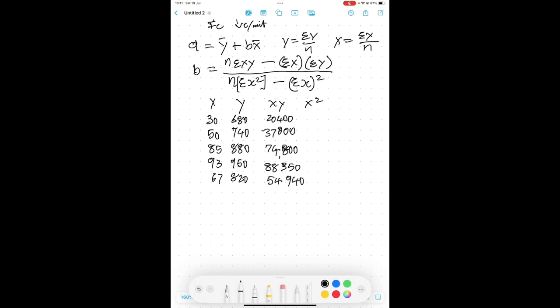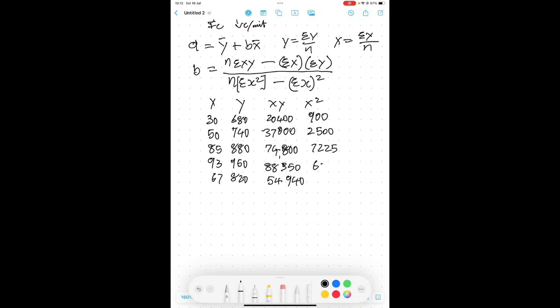So this is X multiplied by Y. We give you these values. Then X squared means X times itself. So it's like saying 30 times 30 should give us 900, 2,500, that's 50 times 50, 7,225.